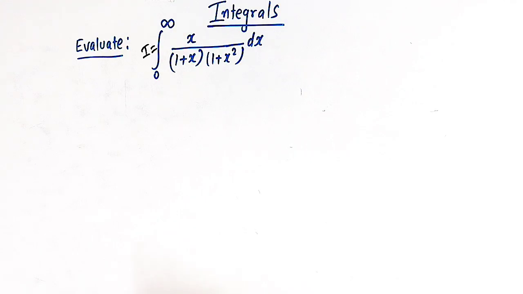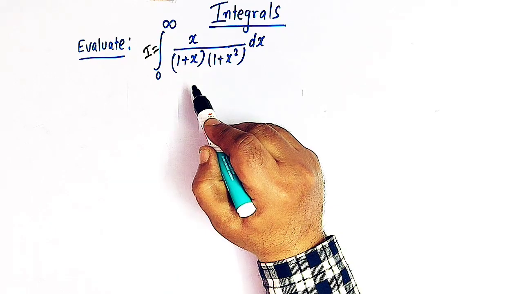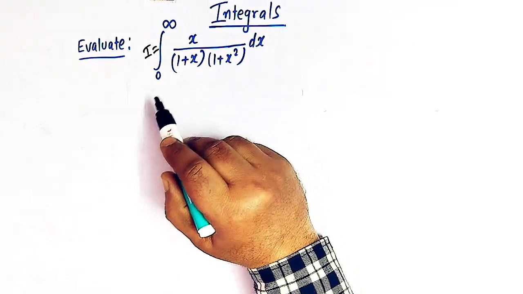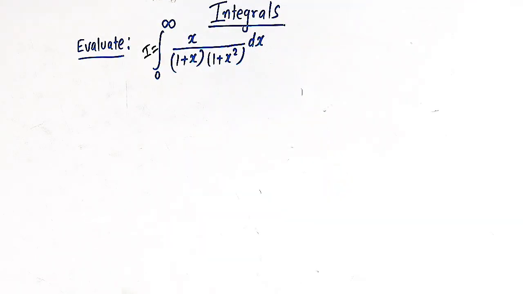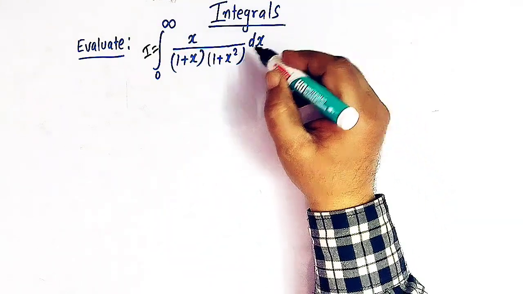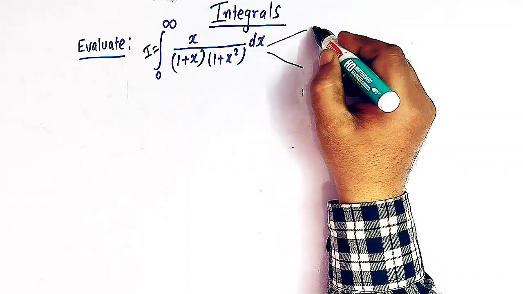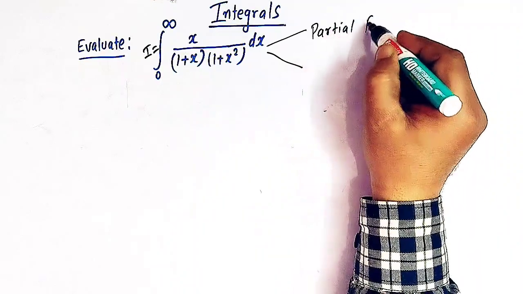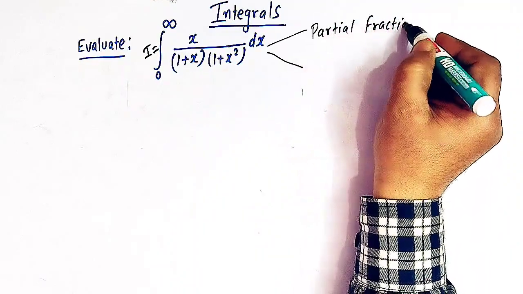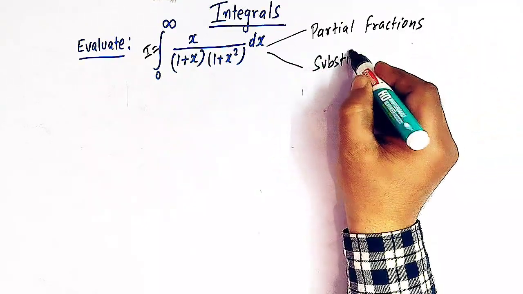If we closely inspect this integrand, we can see that we can resolve it into partial fractions. So this integral can be solved by two methods: one by the method of partial fractions, and the other by the method of substitution.